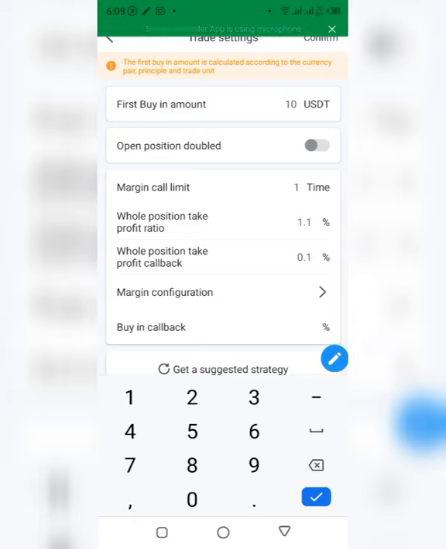So that's it. Then for the margin configuration, as you can see, we only set one time margin call over there.